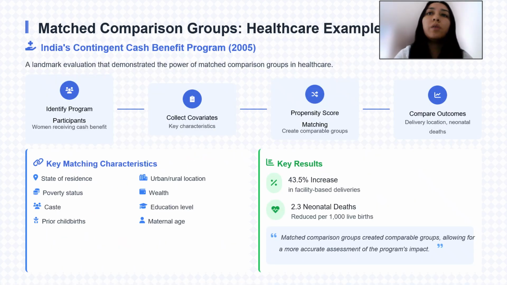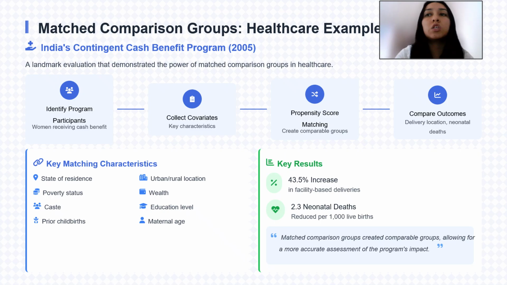A great real-world example is India's contingent cash benefit program in 2005, designed to encourage hospital deliveries. Researchers matched women based on factors like state of residence, poverty level, education, prior childbirth, and age.